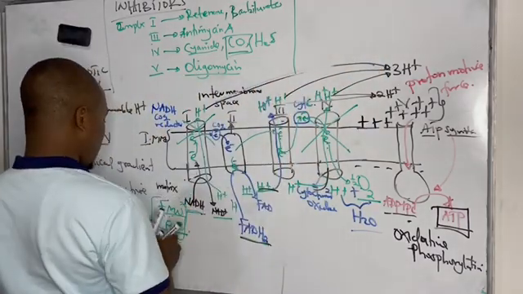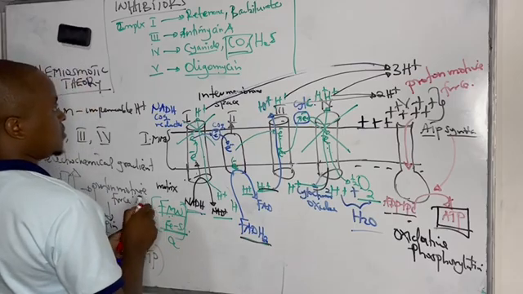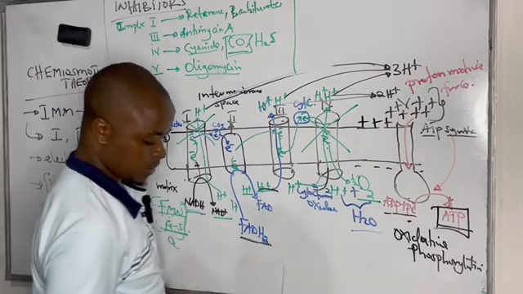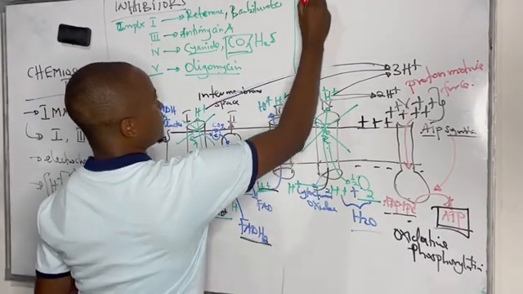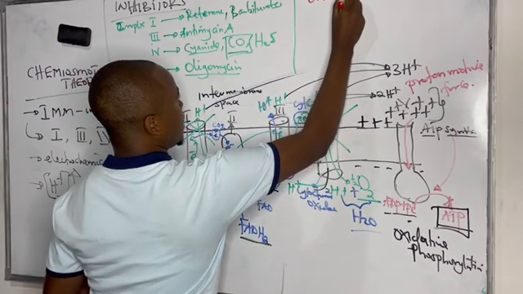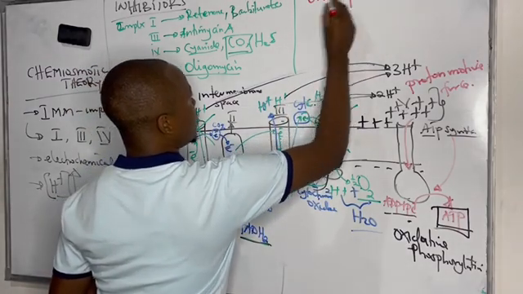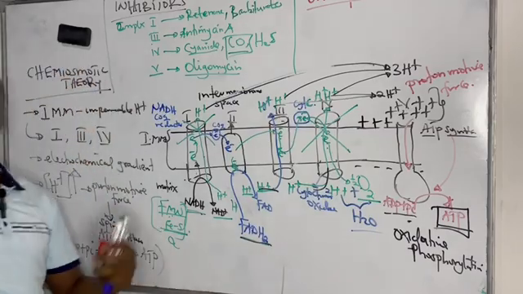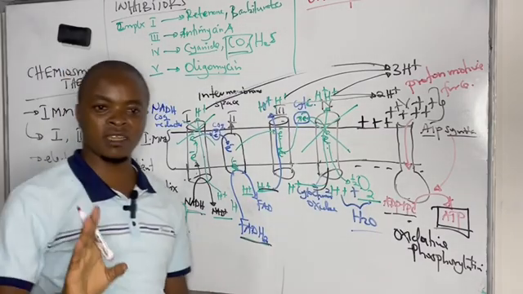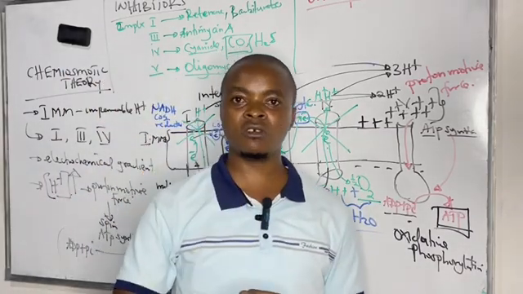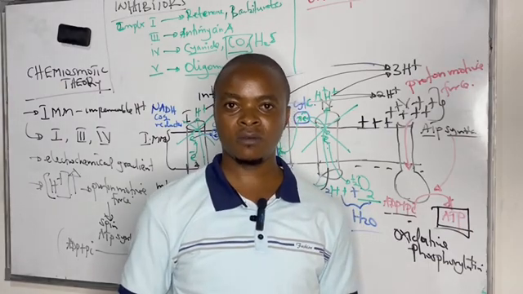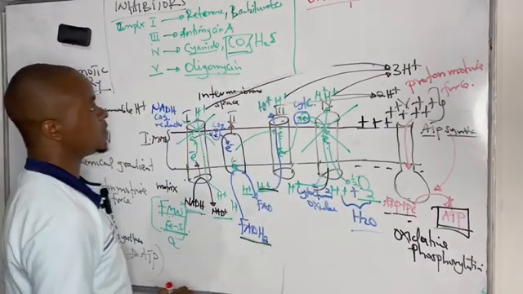We have what we call uncouplers, and they uncouple. From the beginning, we have been telling you that the inner mitochondrial membrane is impermeable to protons.